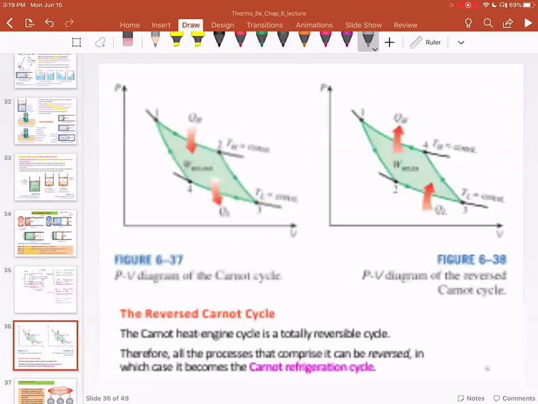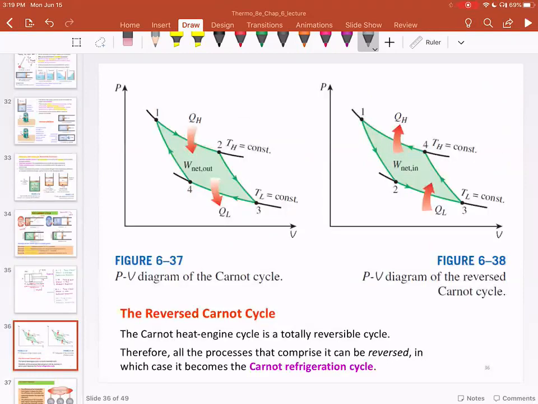Now, what I'm going to do is draw this cycle onto a PV diagram. In the PV diagram, I want you to note that this cycle is clockwise and this cycle is counterclockwise.